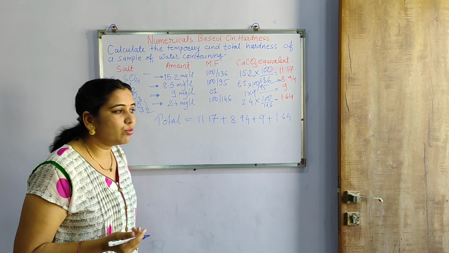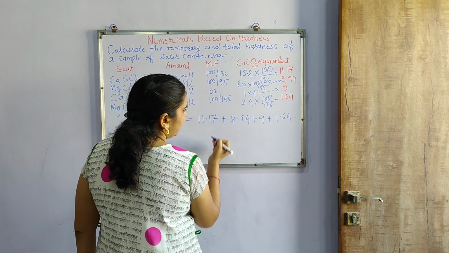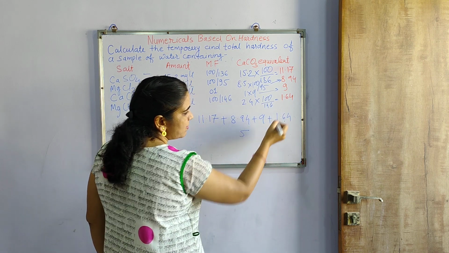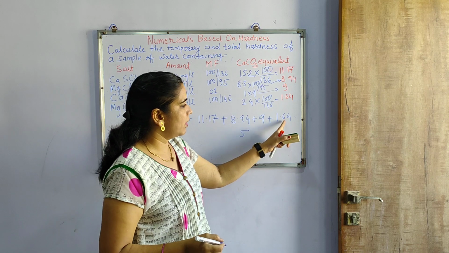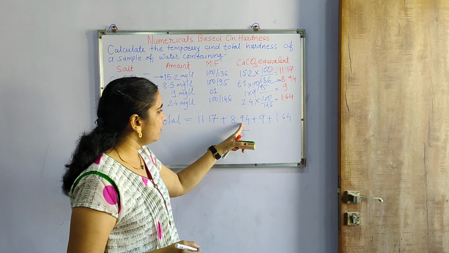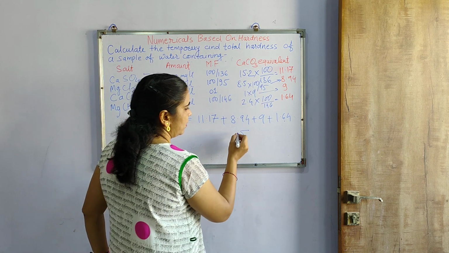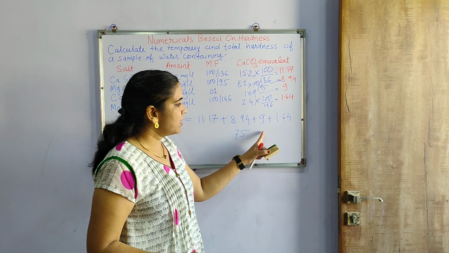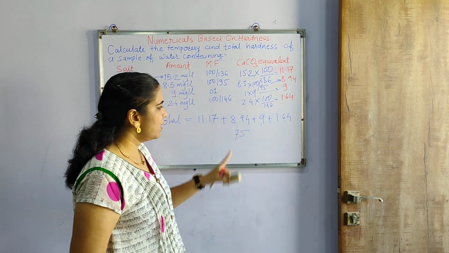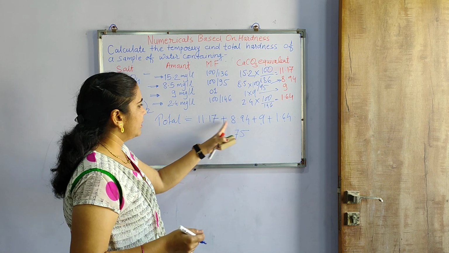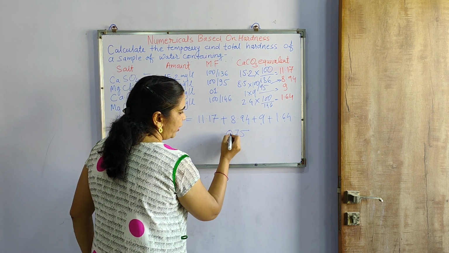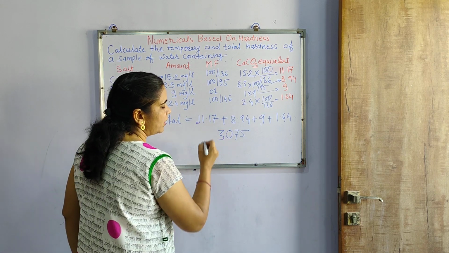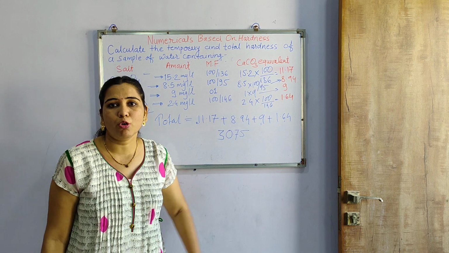With the help of a calculator also you can calculate it. Adding these, we get 30.74, which is our answer for total hardness.